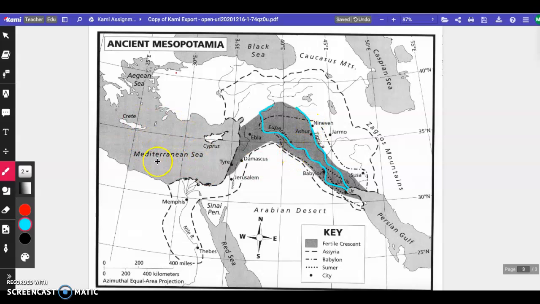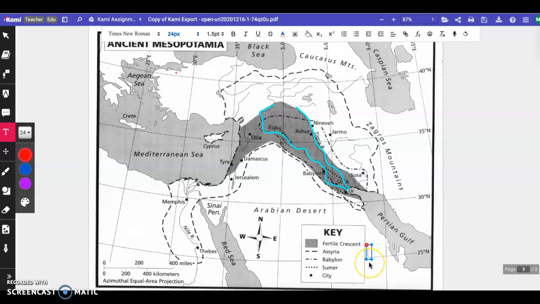We have the Mediterranean Sea over to the west, the Red Sea, and the Persian Gulf, other bodies of water not too far from this region. Another thing that I want to include in this section is a short note, and I think I will do that with a text box in the corner next to the key, for latitude and longitude.